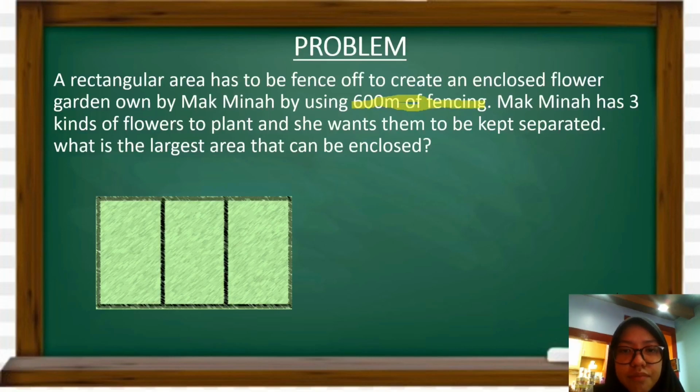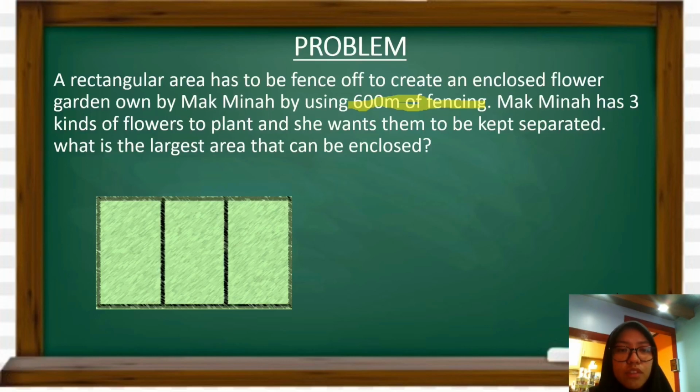Alright. And then MAT183 has 3 kinds of flowers to plant, and she wants them to be kept separated. So there are 3 different flowers.